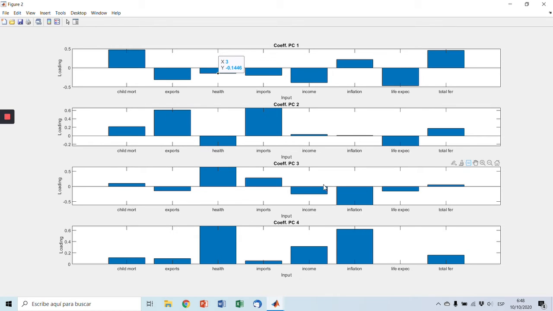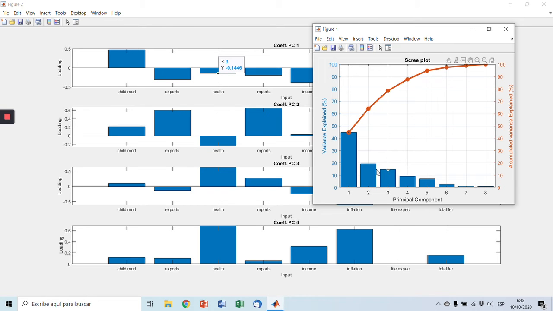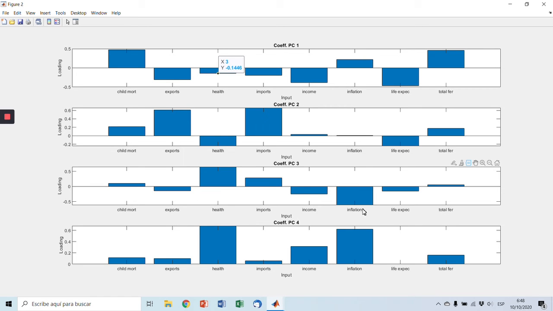And then the same here for the principal component 3. So this principal component 3 is orthogonal to principal component 2 and orthogonal to principal component 1, and it explains, as we saw here, 15% of the variability. So this second and third are a little bit less important than the first one, and what they separate are countries with very good health and very low inflation, with the opposite, countries with very high inflation and very bad health.